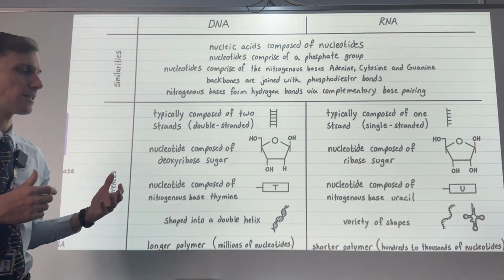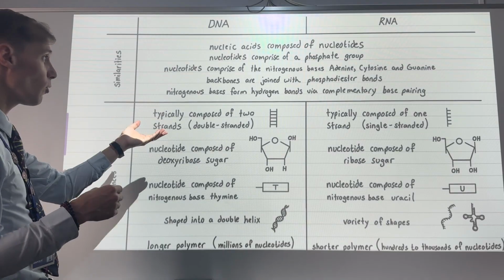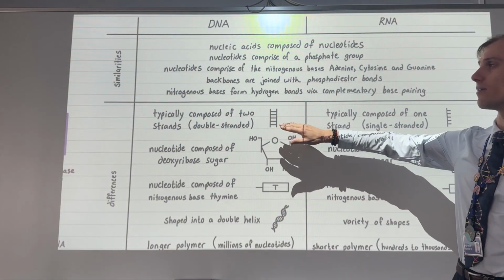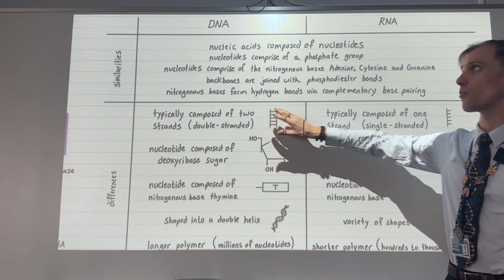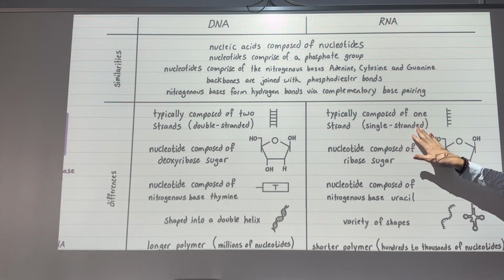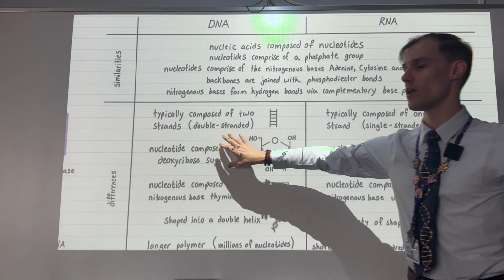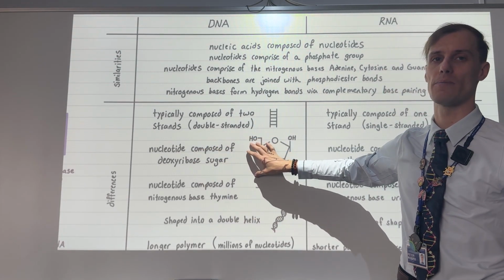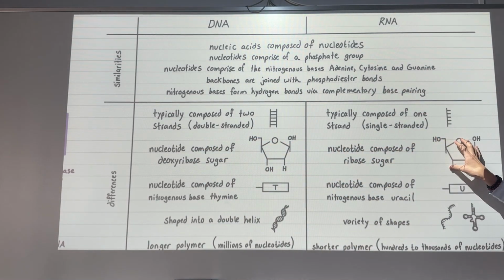So where exactly do they differ? Well, firstly, DNA is going to be comprising of a double-stranded structure, whereas RNA is going to be a single-stranded structure. Its namesake, DNA, is comprised of a deoxyribose sugar, whereas the nucleotide of RNA comprises a ribose.